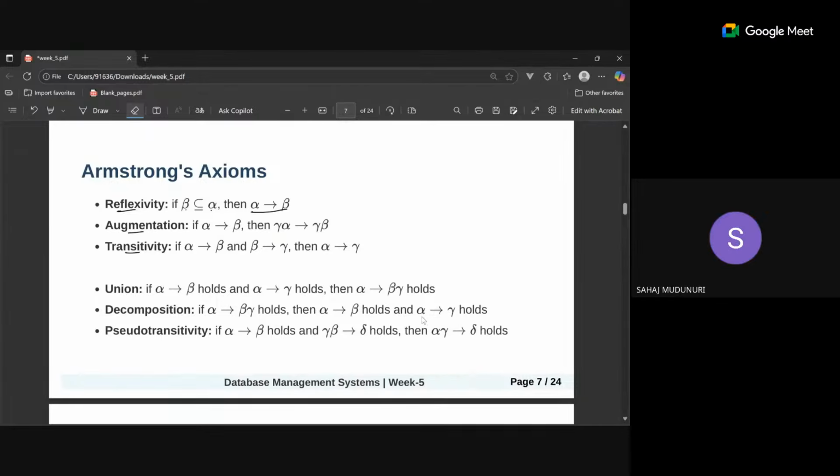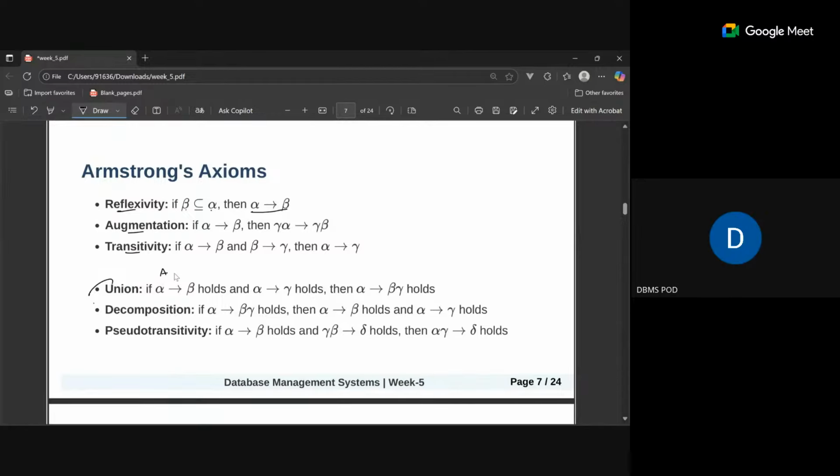So my understanding is, if alpha determines beta and alpha determines gamma, then alpha determines both beta and gamma. Is that what you're trying to say? What is the meaning of alpha determines beta and gamma together? Which property are you talking about? This union, the union rule.